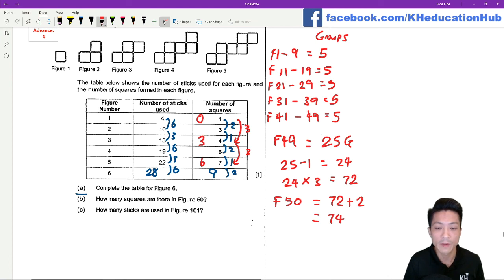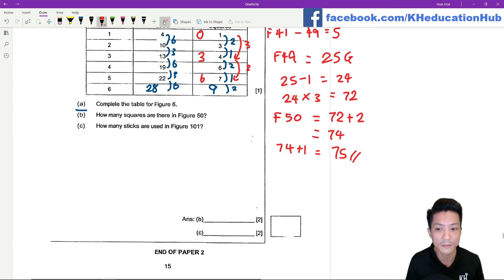Okay, remember at the very beginning I subtracted 1 from it, so which means that I need to add back the 1 to give me a 75. This is the answer for part B.